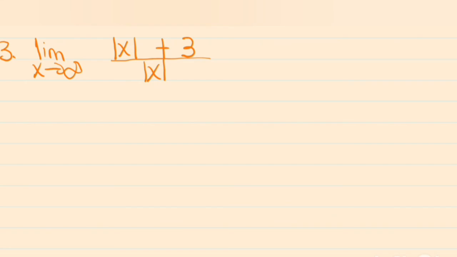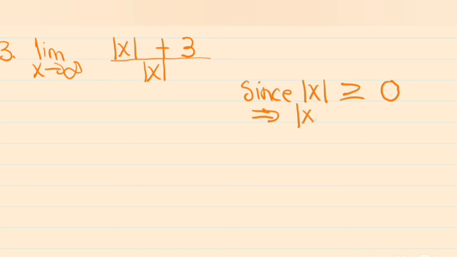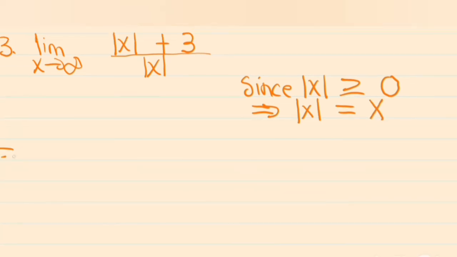Question number 3. We have the limit as x approaches infinity of the absolute value of x plus 3 over the absolute value of x. Since x is greater than or equal to 0, this implies that the absolute value of x is equal to x. So we substitute that into our equation.